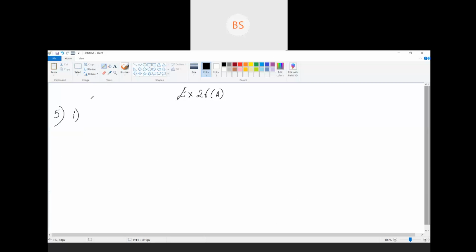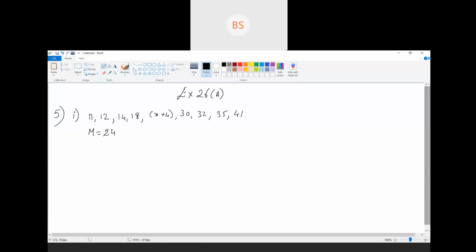We have to find the value of x where the median is already given. So the numbers are 11, 12, 14, 18, x plus 4, 30, 32, 35 and 41. These are already arranged. So the median is given as 24. So we have to find out the x value.